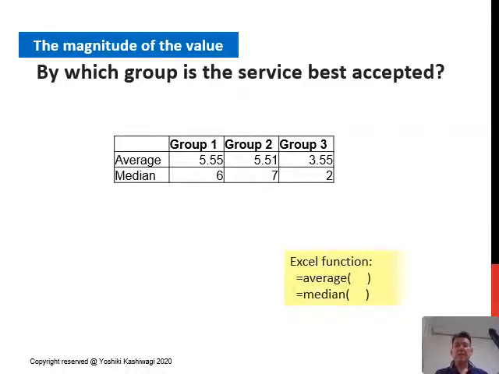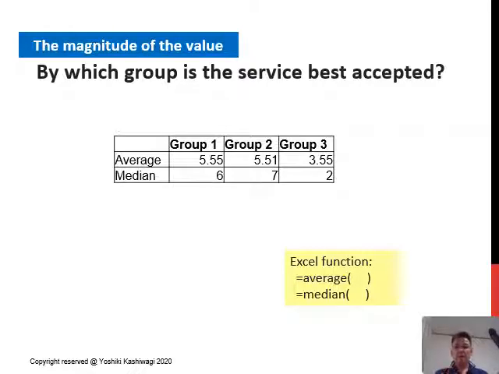In this case, okay, let me rephrase. Which group has the largest score? If you take an average, that's group 1. If you take median, that's group 2. It really depends on how you look at these data. That's my key message. There are a bunch of ways to describe or summarize the data.